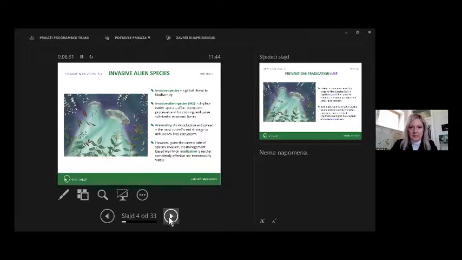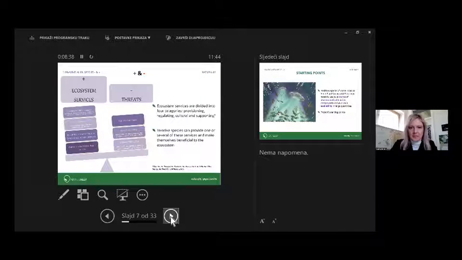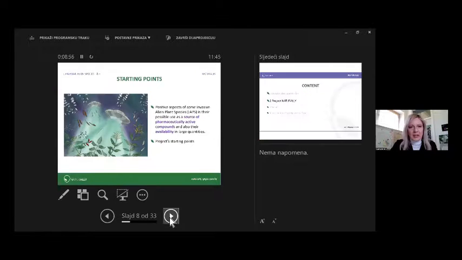Can you see the changes now? Yeah, now we can see. Do you see a balance here? Yes, now you can move forward.